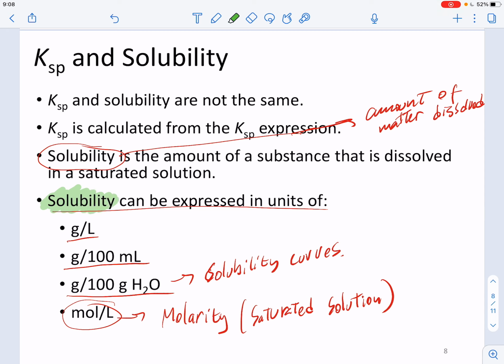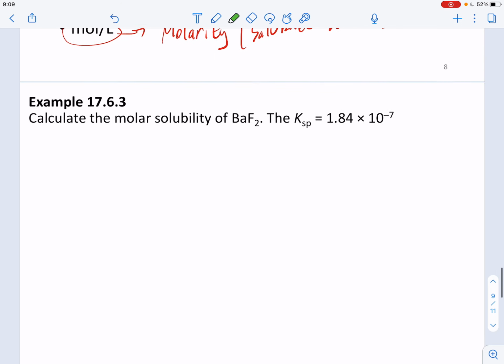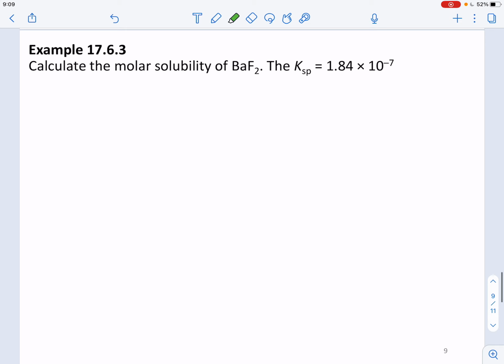Since molarity is a form of concentration and you use concentration to calculate Ksp, you can convert between Ksp and solubility given the proper data. So for example here for barium fluoride, we want to determine the molar solubility, so what is the concentration in moles per liter of a saturated solution of barium fluoride. The Ksp for this salt is 1.84 × 10^-7.